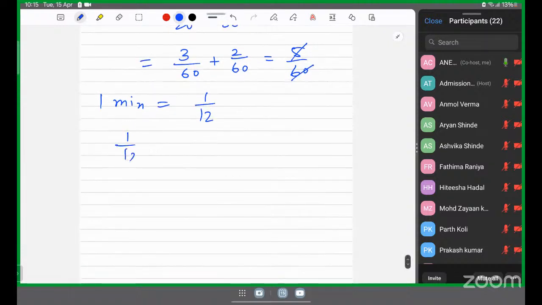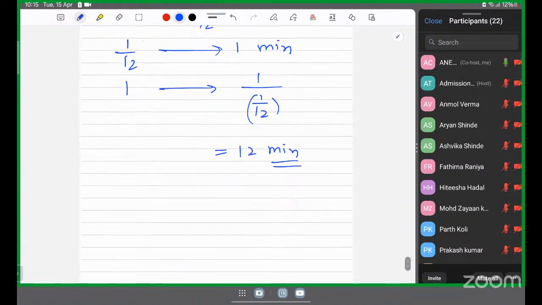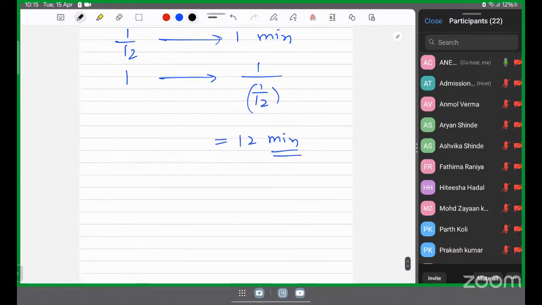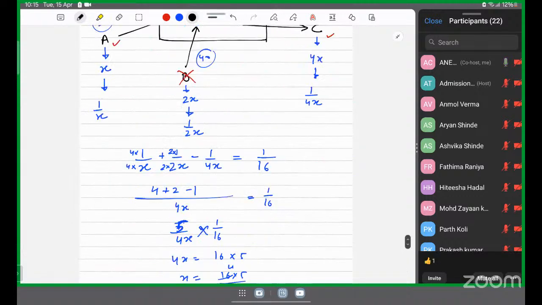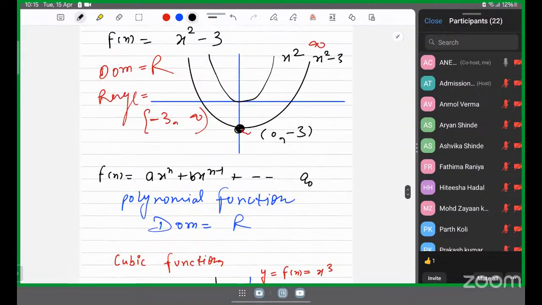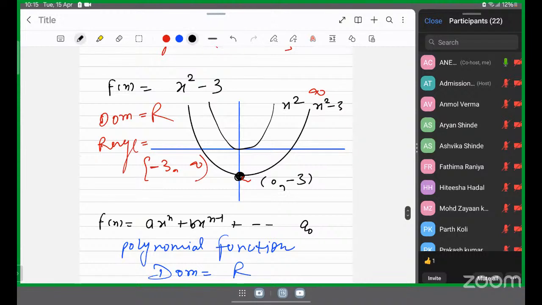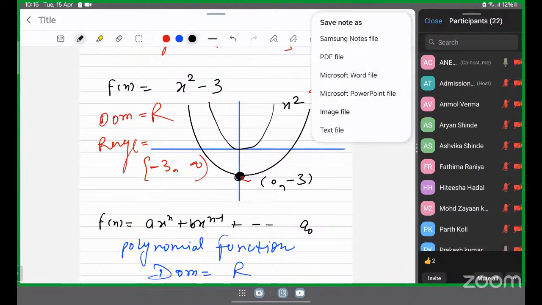If 1 by 12th part is filled in 1 minute, one complete part will be filled in 12 minutes. So the answer will be 12 minutes. Understood? Understood or any doubt? No, sir.